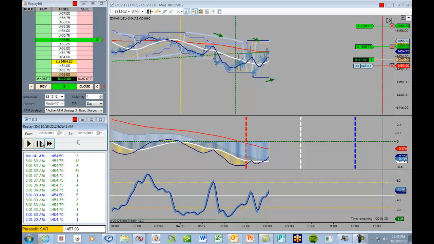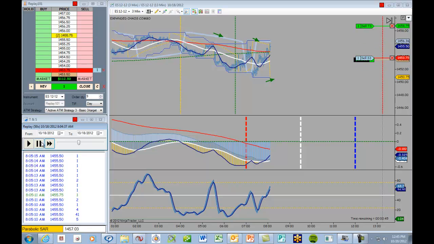Notice how the price stalls out where we've got the two moving averages kind of on top of one another. Now we're starting to move up some more.